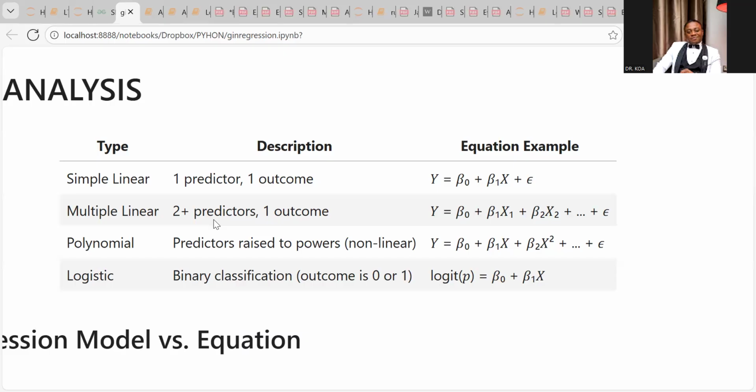What is the difference between simple regression and multiple regression? Who can tell us? What is the difference? Simple and multiple. Jonathan.